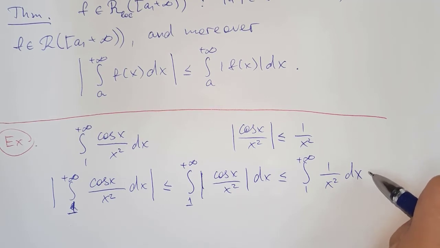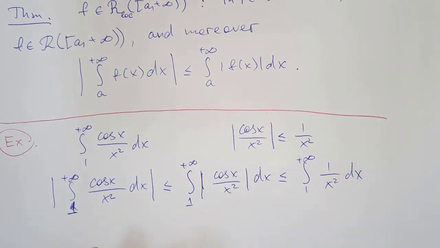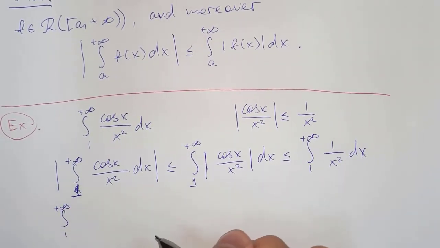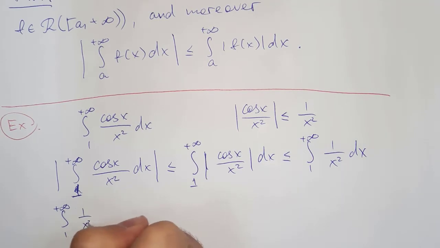And if we find the limit here, let's find it. So the integral from 1 to plus infinity of 1 over x squared dx will be the limit as t tends to plus infinity of the integral from 1 to t of 1 over x squared dx.